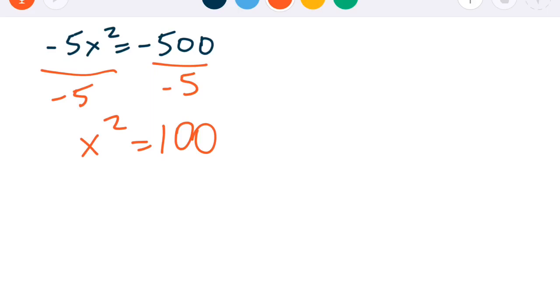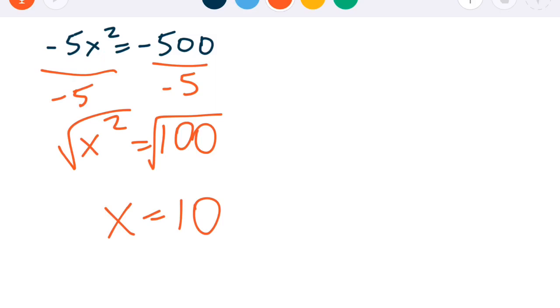Now at this step, if we are trying to get the x by itself, we need to take the square root of both sides. When we take the square root, that gets rid of the squared, and then we're just left with x. So the square root of 100 is 10.